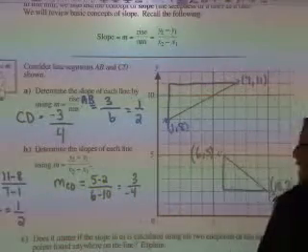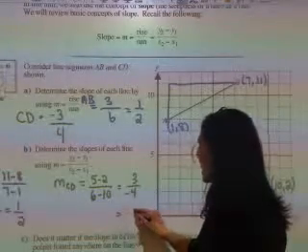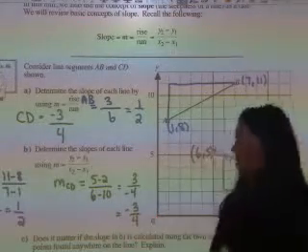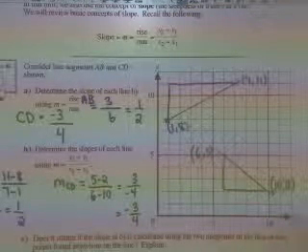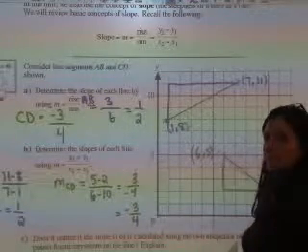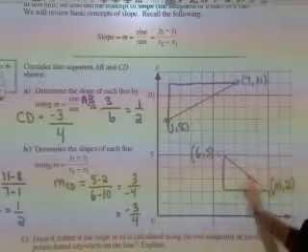I get 3 over negative 4, which is the same as negative 3 over 4. So we could just do that coordinate one instead of making that extra line. Yep. Instead of counting, yes, we could.